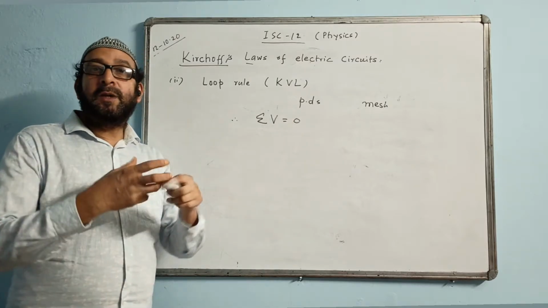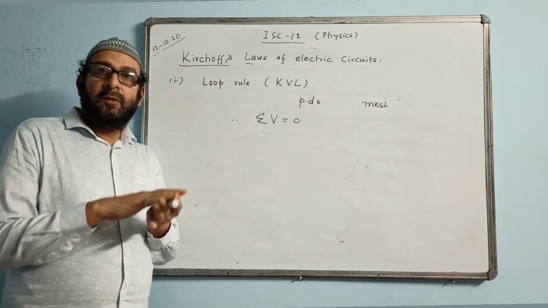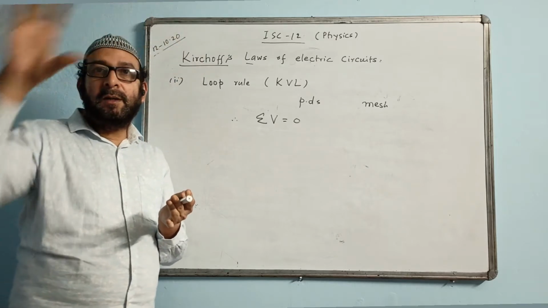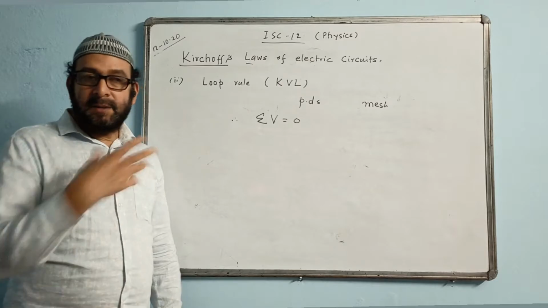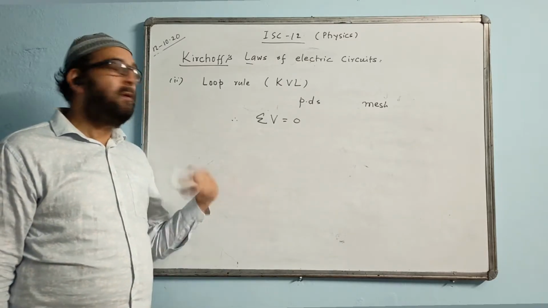Potential is actually potential energy. So whatever energy is supplied by the source, from there only we are distributing, and when you sum all the energies together, you get the energy equal to the energy supplied. That means energy is neither lost nor destroyed.